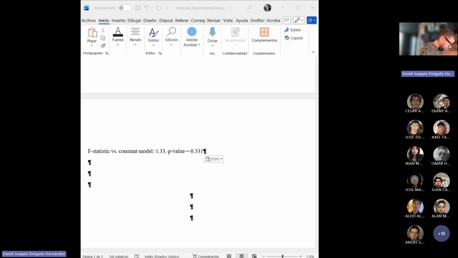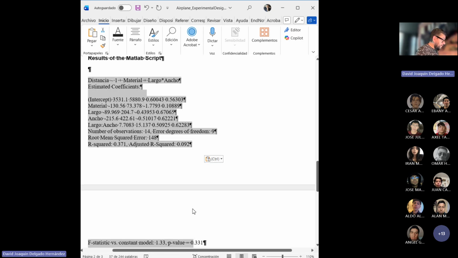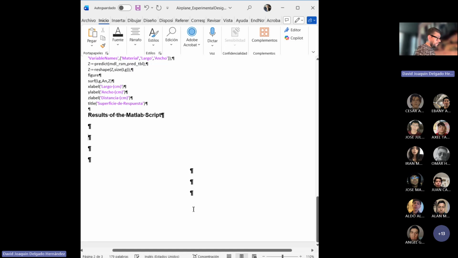One second. I am going to put a table, but in order for you to see all the data together, let me erase this and I will put it in a different way.